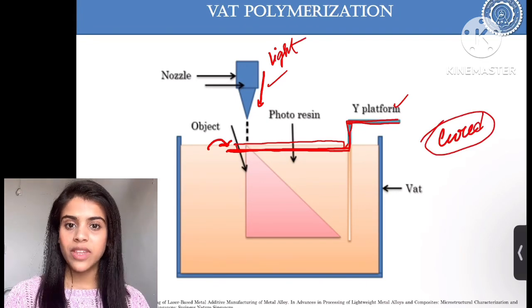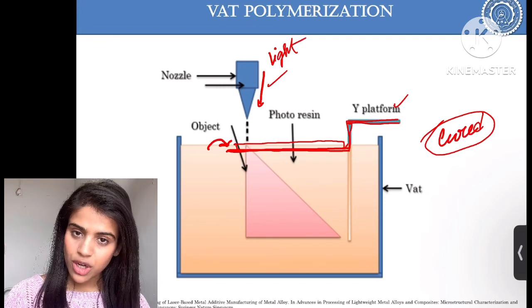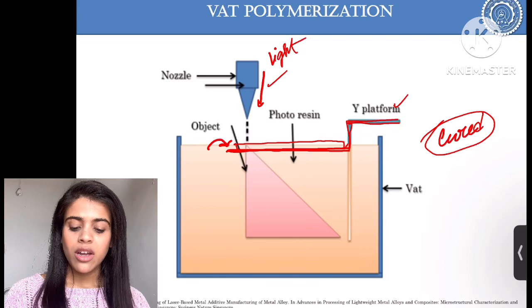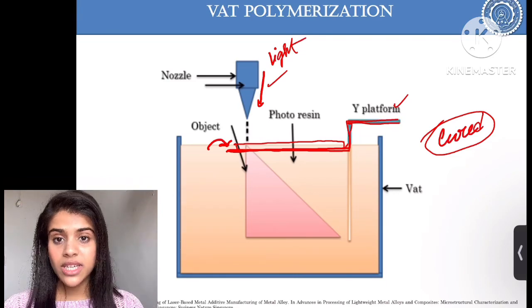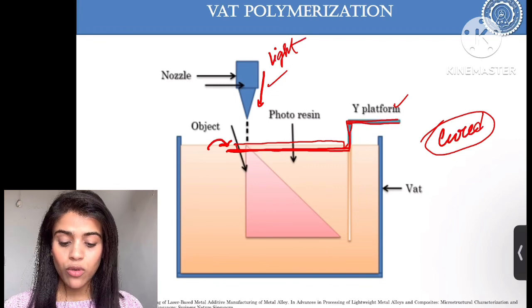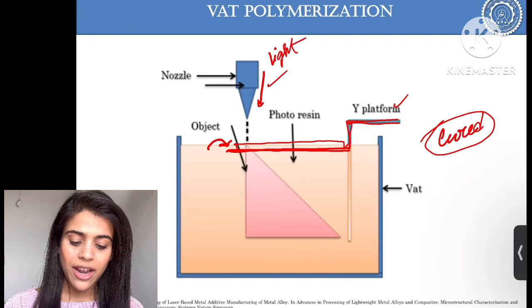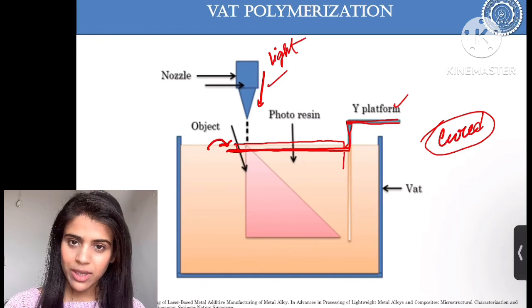Cured means they will be solidified. Now they are in liquid form, but in the exposure of light they will be solidified. For light, we can use laser as well. So if we expose a laser onto the platform, the resin present over this platform will be cured and solidified. Thus, one layer will be made over the platform.